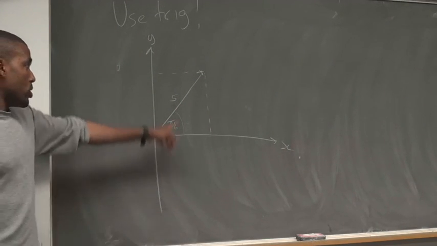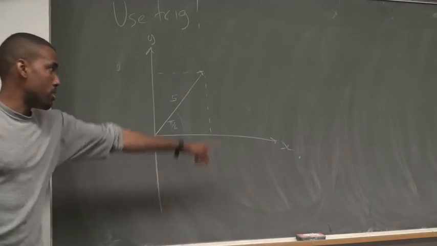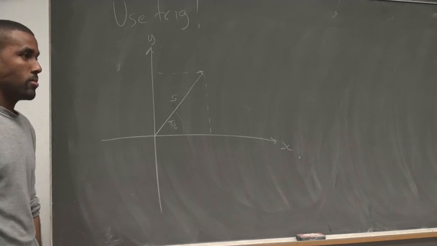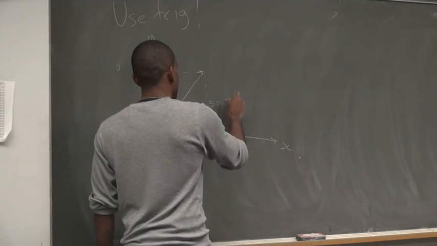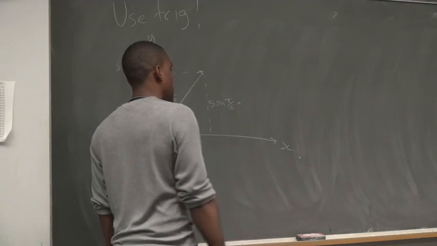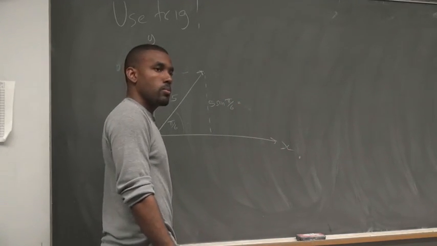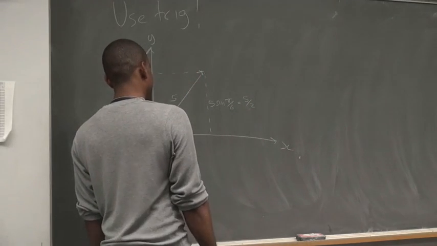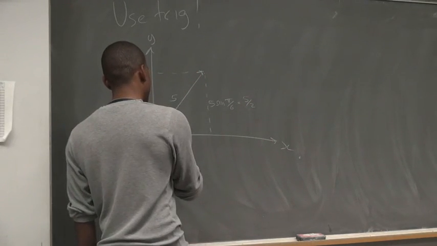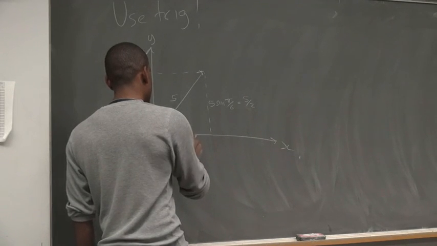So if you have a right triangle, you know the magnitude of the hypotenuse, and an acute angle, how do you find the opposite side? 5 sine theta. Sine of pi over 6 is? You asked that like it was a question. You're not sure? No, I thought this was good. Cosine of pi over 6 is?